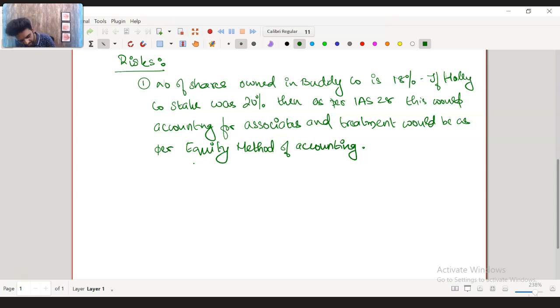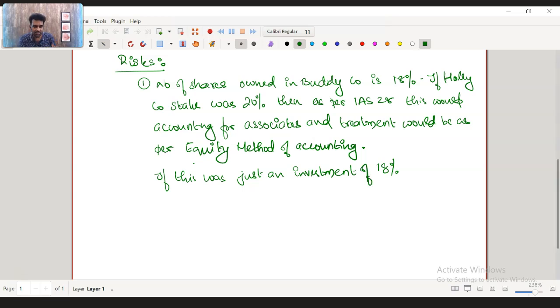So in this continuation, we can write that if this was just an investment of 18%, then the shares of the buddyco would need to be confirmed to ensure that holdco has the right to these shares for the statement of financial position, and that they are entitled to any dividends.